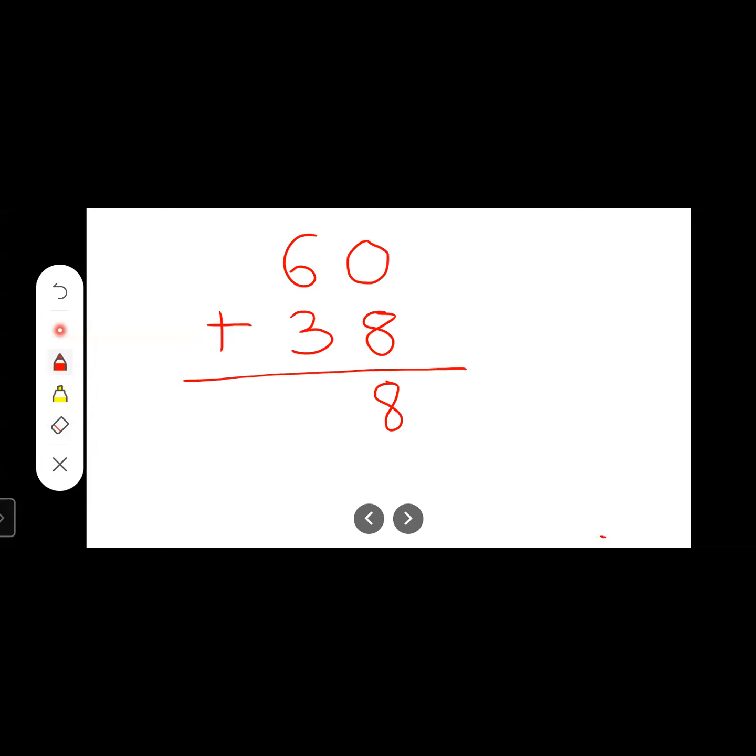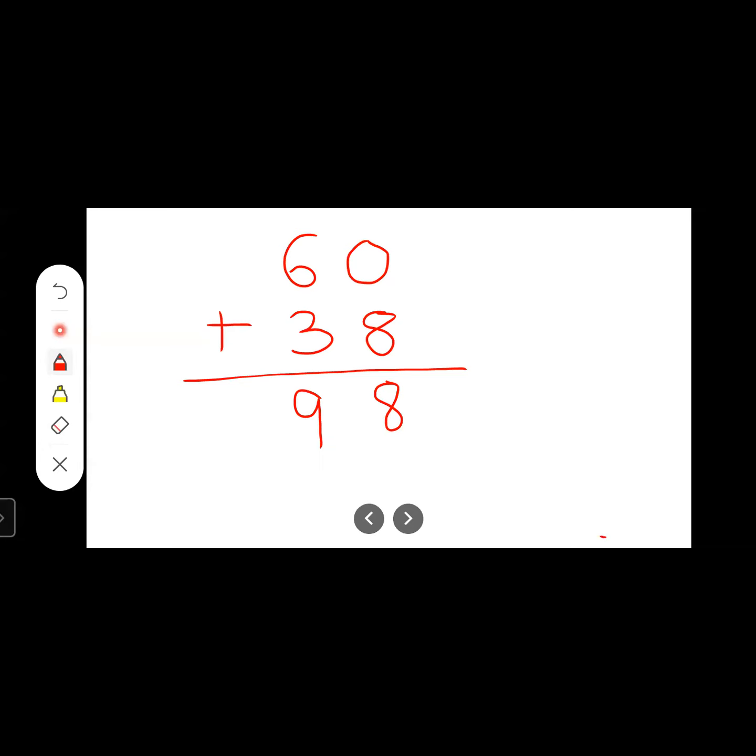Now 6 plus 3. Tell me 6 plus 3. Take out 3 fingers. Count after 6. 7, 8, 9. Very good.